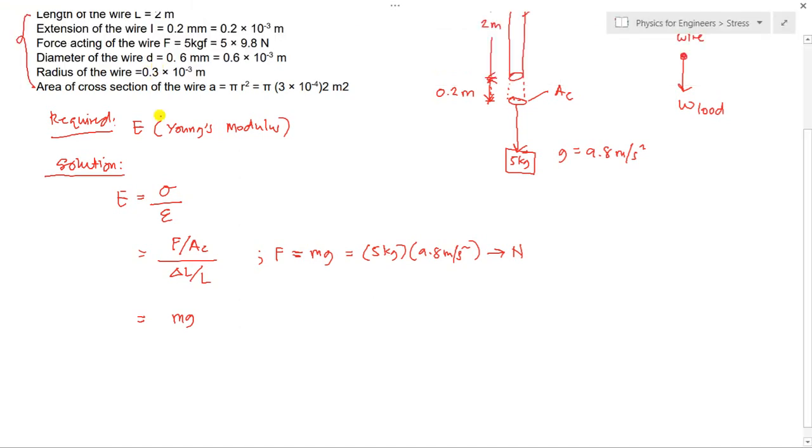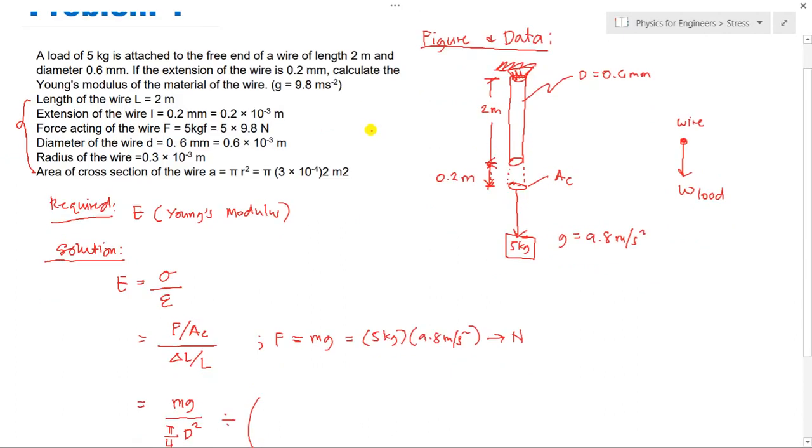So we're going to use mg all over pi over 4 d squared divided by the change in length. Pila man ang delta L nato diri Mr. Pagas? Delta L here is kani, di ba? 0.2 mm.